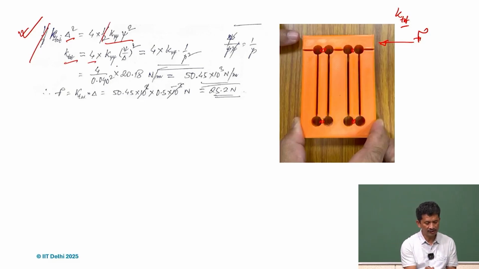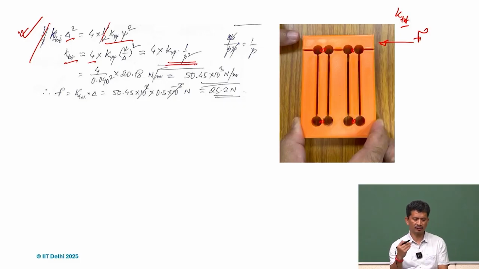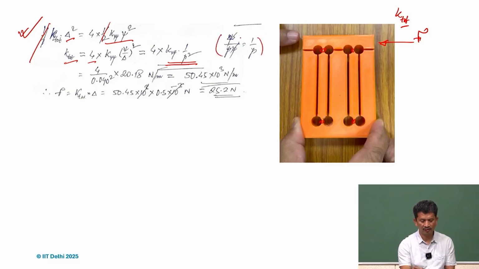And what we see here is the effective stiffness, or the contribution of the hinge stiffness towards the stiffness at F, is actually K psi by P square. So P is the length. And here psi by delta can be written in terms of P. So this is what I have done.